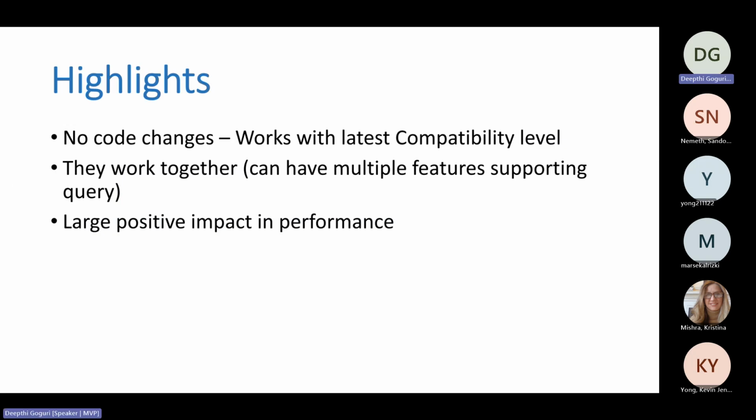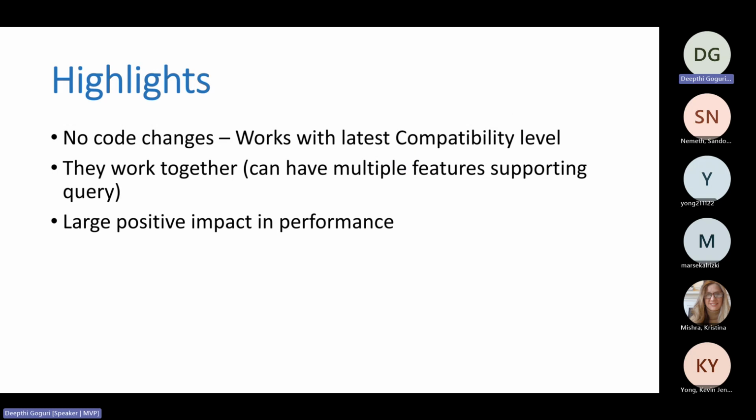The highlight of all of these IQP features is that to enable them, you do not have to do anything. There are no code changes needed. All you have to make sure is that your database is in the latest compatibility level, which is equal to SQL Server 2022. Then automatically all of these IQP features will support your queries.